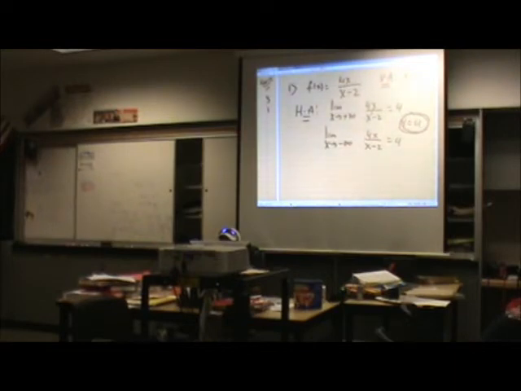If the powers are the same, say that's a square and that's a square, then the horizontal asymptote will be the leading coefficients, which will be 4. But if the power on the bottom is bigger than the power on the top, it will always be 0.